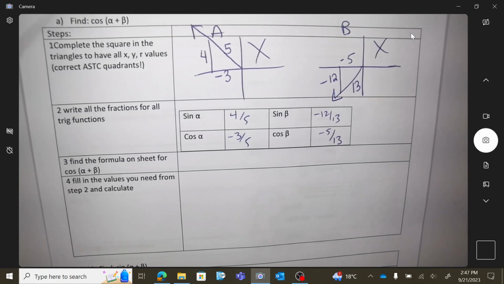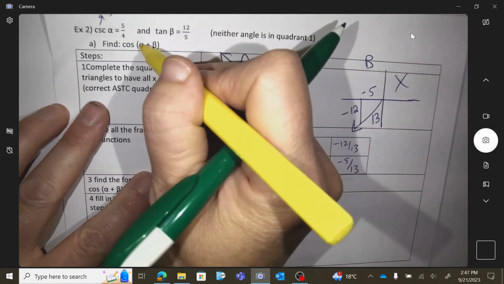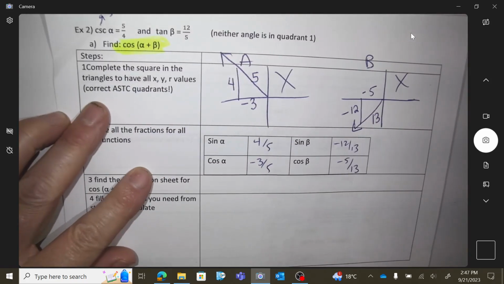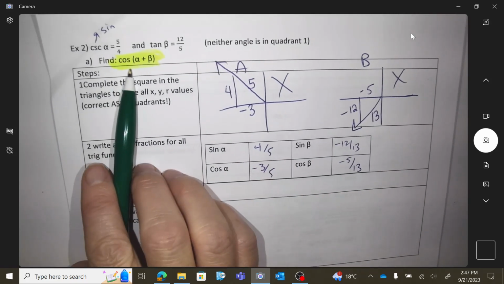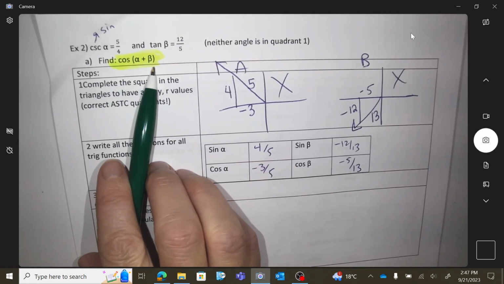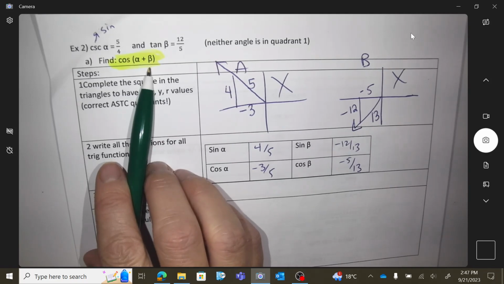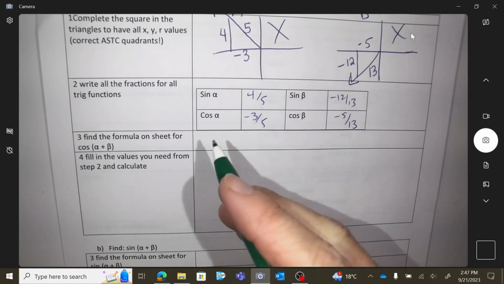So again, you would not even get those on the exam. Okay, so here's the actual question now. So we haven't even started the question. Find the cos of A plus B. So go to your formula sheet and write the formula that you would find.